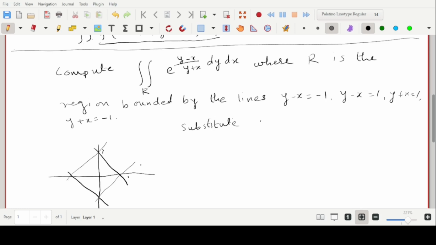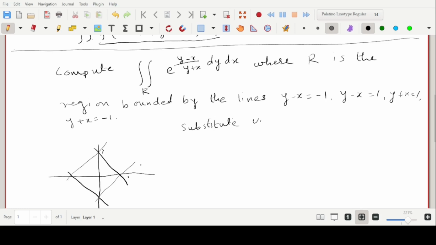It is convenient for me to first express u and v as functions of x and y, because y minus x and y plus x are creating a little bit of trouble here. If y minus x is just one term rather than a difference of two terms, it will be very easy.